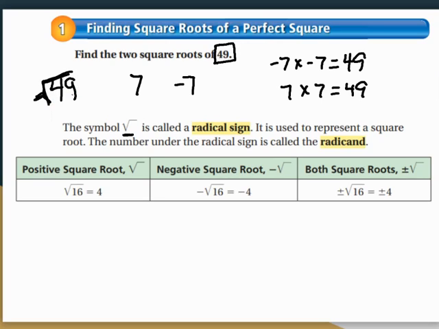The number under the radical sign is called the radicand. So here, the square root of 16 equals 4. That's a positive square root. If I put a negative outside the front, when I take the square root, I get 4, but I add that negative to it. So this is a negative square root. And if I put a plus sign and a minus sign stacked on top of each other, that means I want the positive and the negative answer.